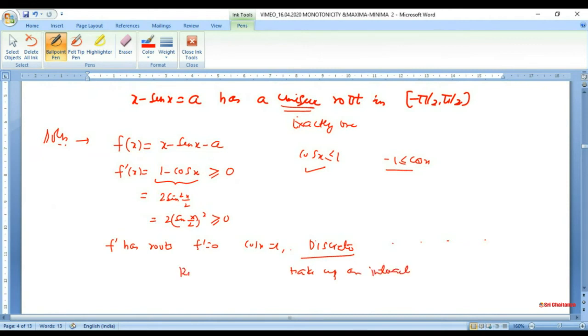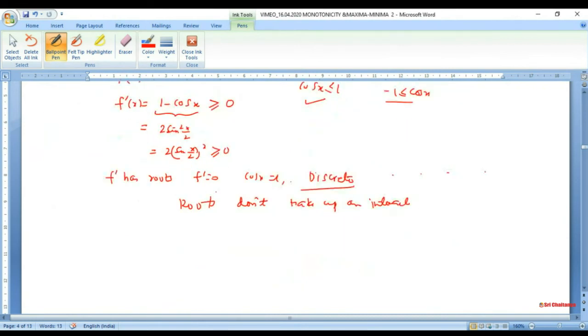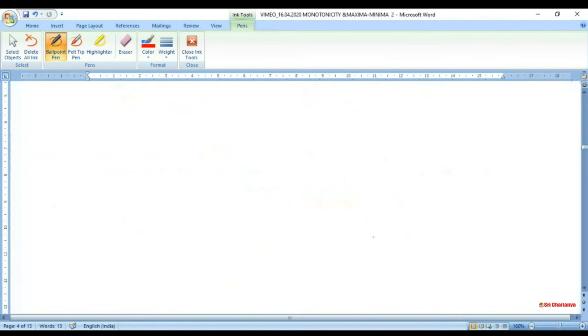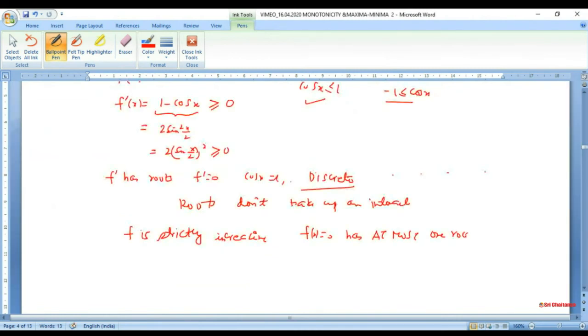So the roots don't make up an interval, and so even if f prime is 0 it does not matter. It means that f is strictly increasing. So it means f of x equal to 0 has at most one root.